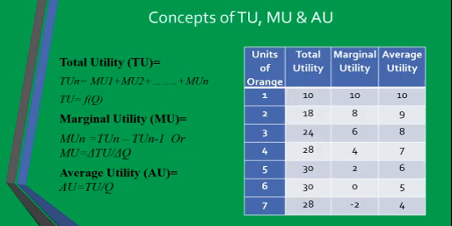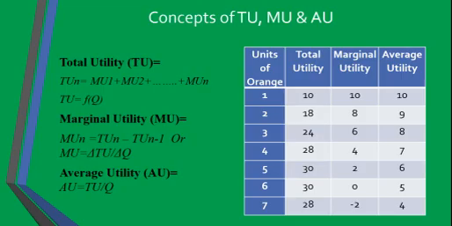In the chart, units of the commodity orange are measured in the first column, total utility derived from the given units is shown in the second column, marginal utility in the third column, and average utility in the fourth column.